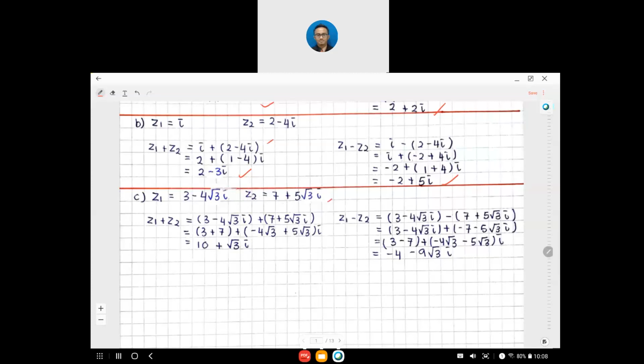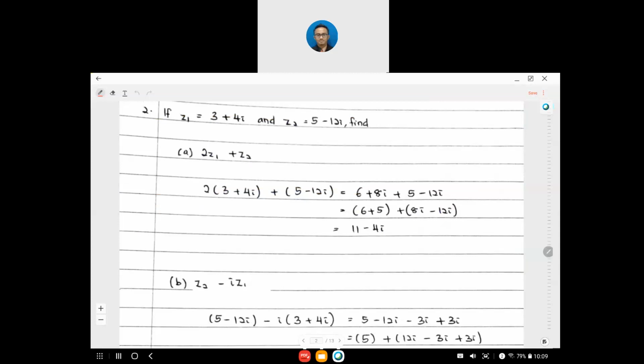So then you want to find Z1 plus Z2, you can get 10 plus root 3i. Z1 minus Z2, you can get negative 4 minus 9 root 3i. Okay, any problem? Question 1. Okay, let's proceed to question 2.